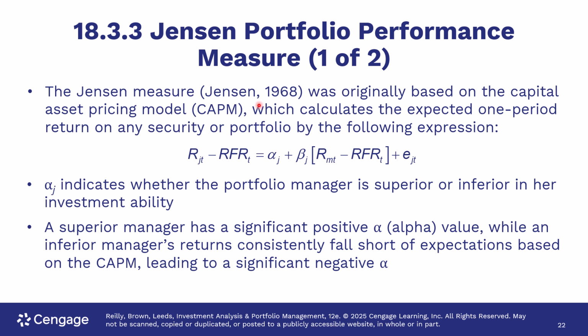Jensen in the late 1960s came along and said, let's use the CAPM, right? And so if you look over here, remember what this was called? This was called the market risk premium. It was in the CAPM. So was beta. So all of this looked the same, right? This was RFR, right? But if we subtract RFR from both sides, we will get this version.